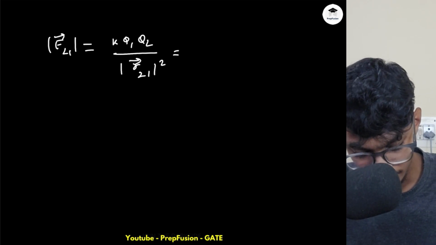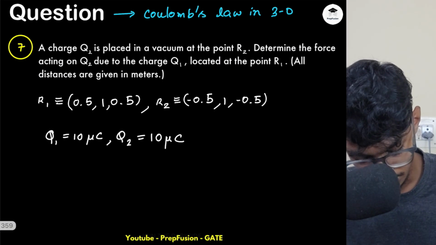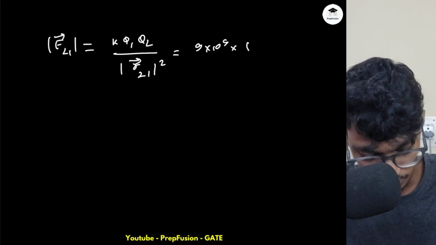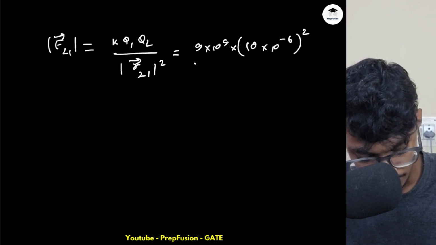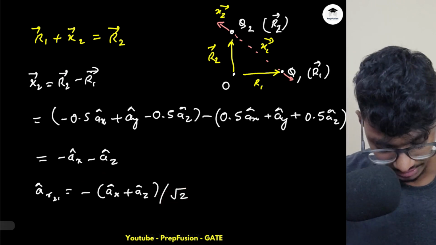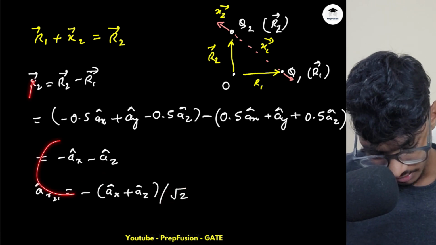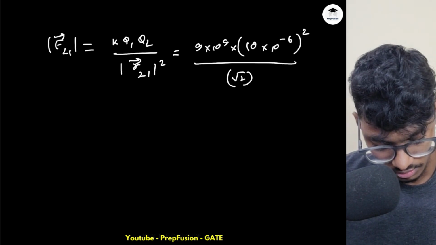So this is simple. K is 9 into 10 raised to power 9 in vacuum. Q1 is 10 micro, so it will be 10 into 10 raised to power minus 6 whole square, divided by the magnitude of this. What is the magnitude? This thing is only a magnitude. If I take the magnitude of this, it will be root 2, so this will be root 2 whole square.